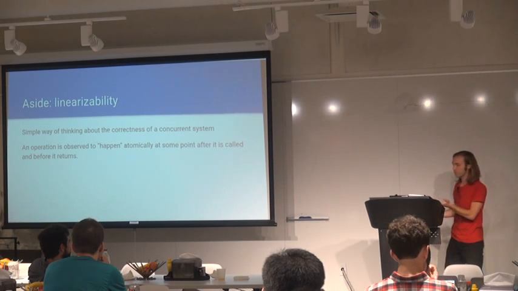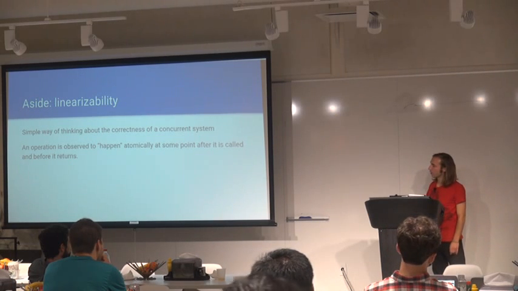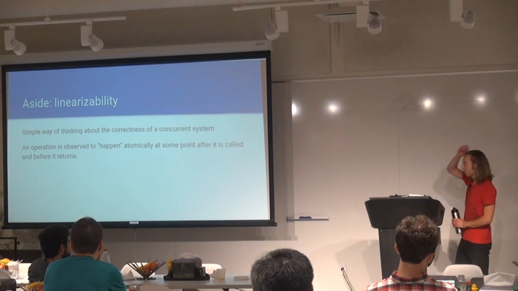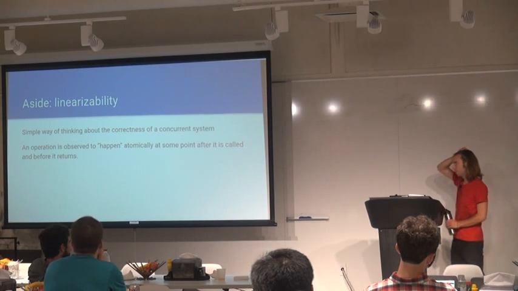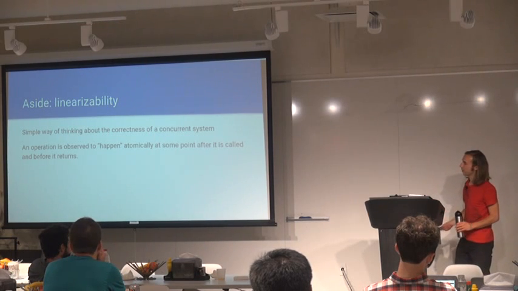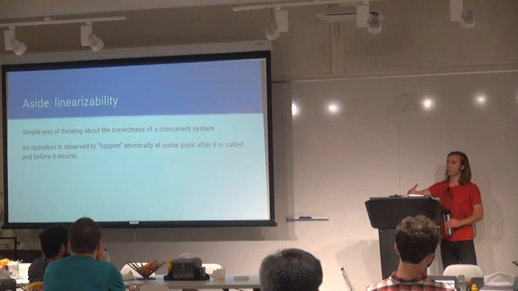So this seems really obvious, maybe, but it's actually a really powerful concept. Also, when we say observed, linearizability deals with APIs. So the way that we observe whether a thing has happened is also through the API.